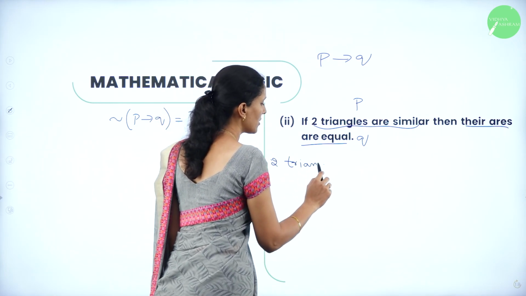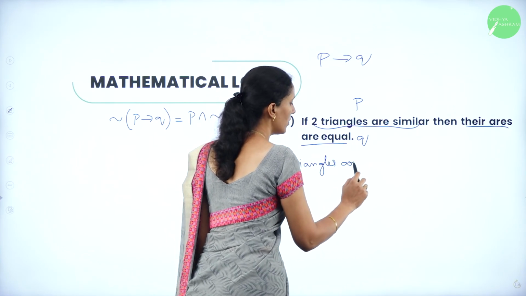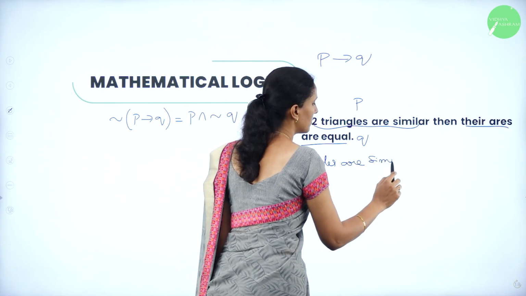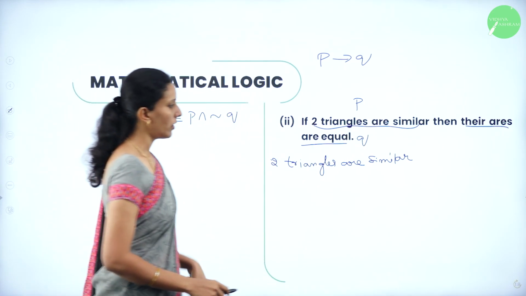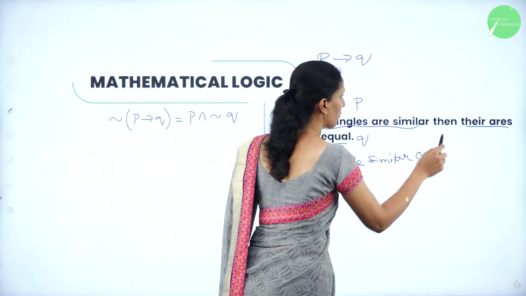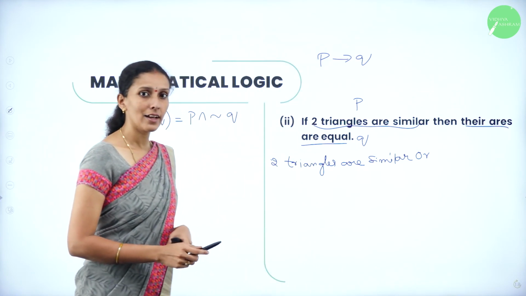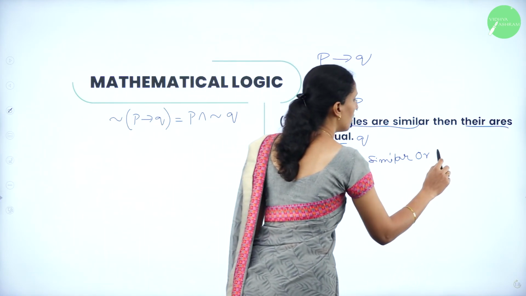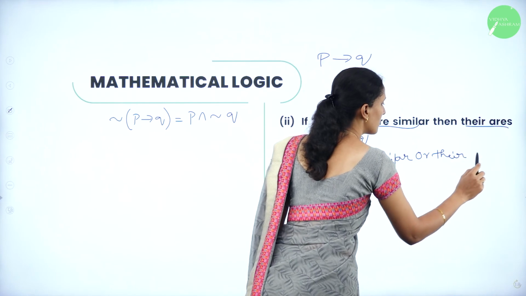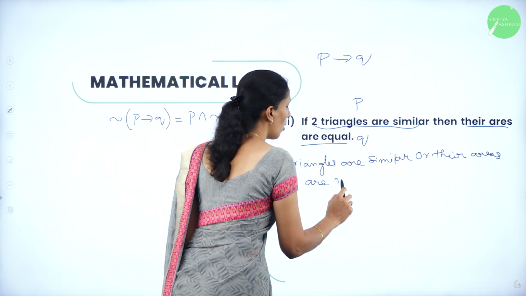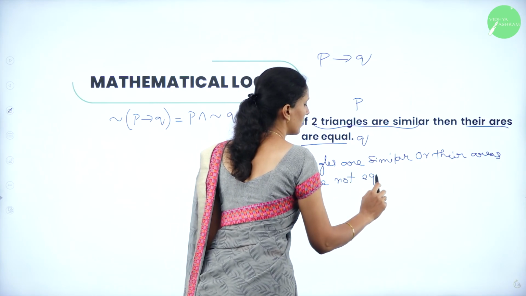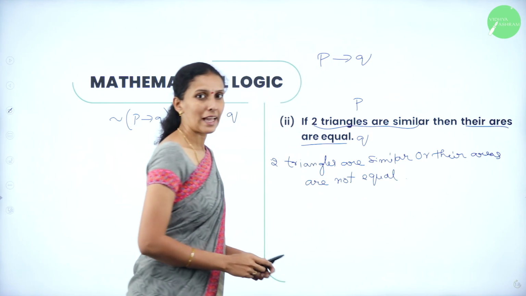And the if-then statement is converted to or, negation of Q. Their areas are equal becomes their areas are not equal.